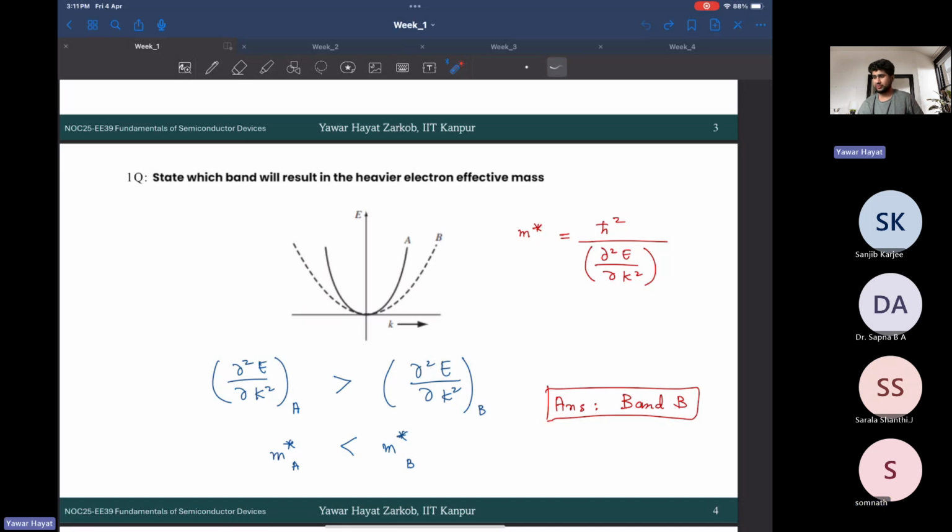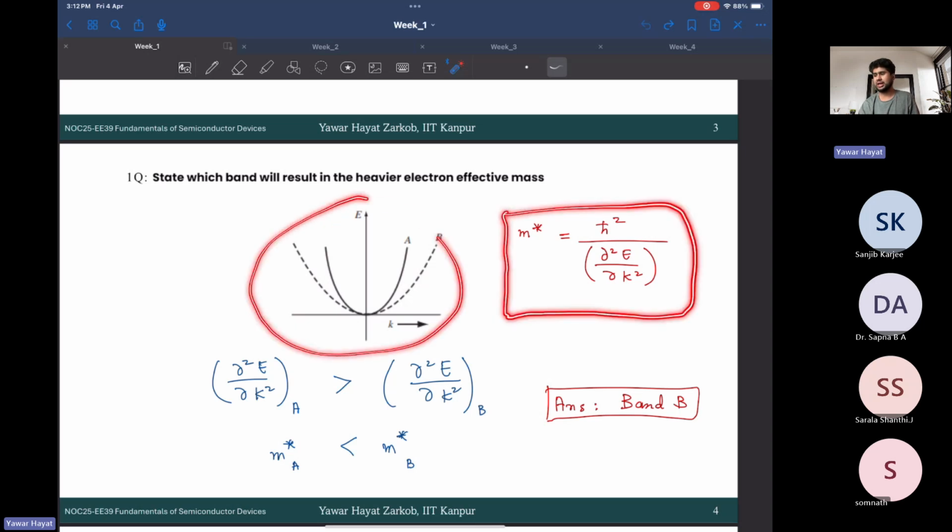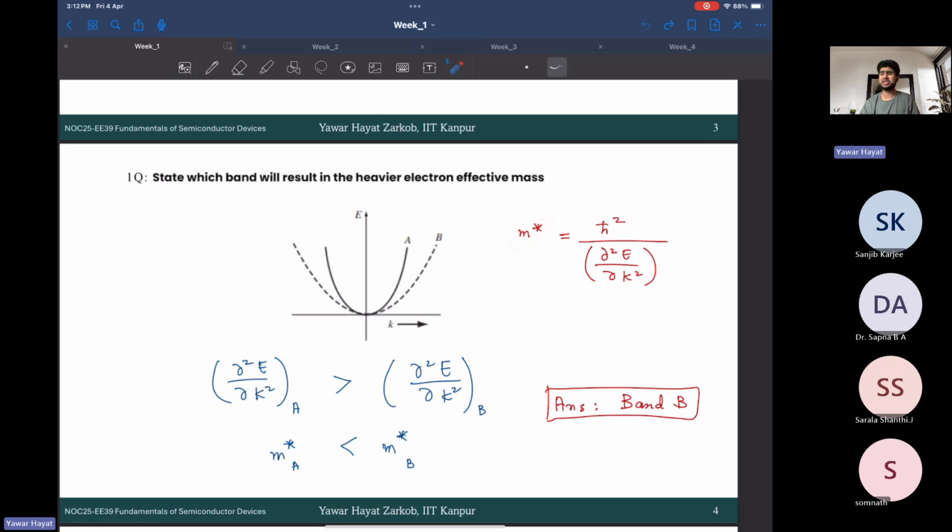Okay, see, we were given two curves, right? We had two E-K curves, the solid line E-K curve and the dashed line E-K curve. And we had to comment as to which one among these two curves would correspond to heavier electron effective mass. We know that the curvature in this E-K is related to the effective mass by this particular formula, isn't it?